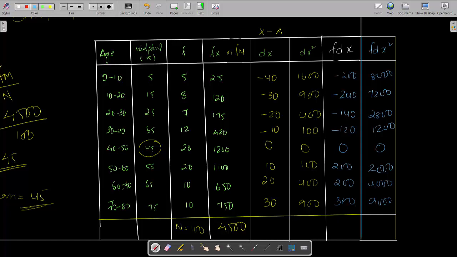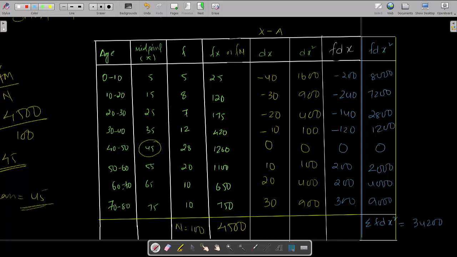So we have to find the sum of this one, and of this one as well. Sigma f dx square is equal to 34200. If you add all this, you will get 34200.